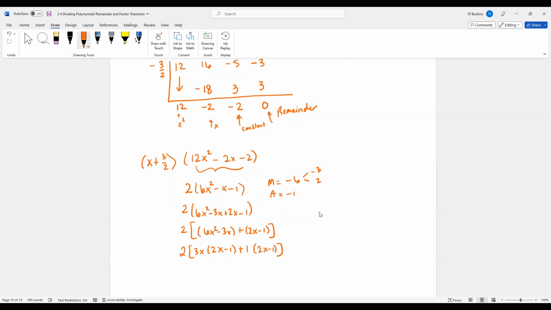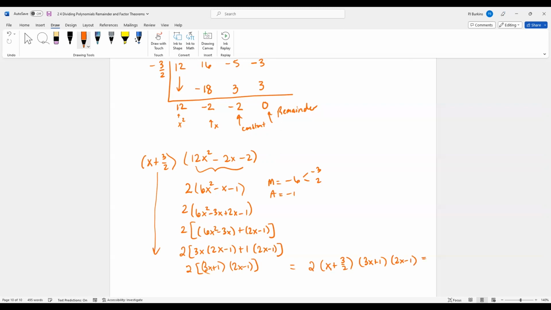We have 3x plus 1 is one factor, 2x minus 1 is another factor, and then we just bring this down. So we have 2 times x plus 3/2, 3x plus 1, and 2x minus 1.